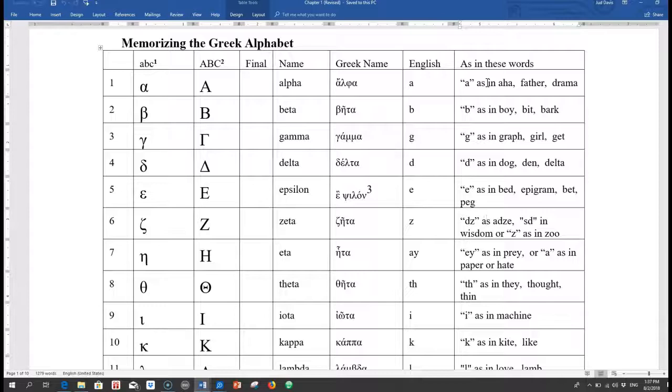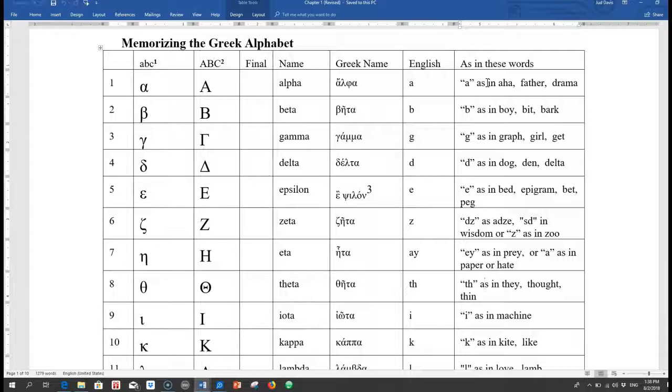Zeta is really a D and Z sound together. Zeta, you're kind of half saying a D and half saying a Z. Eta is like the EY in pray, or the A in paper, or hate, kind of that long AY sound in English.